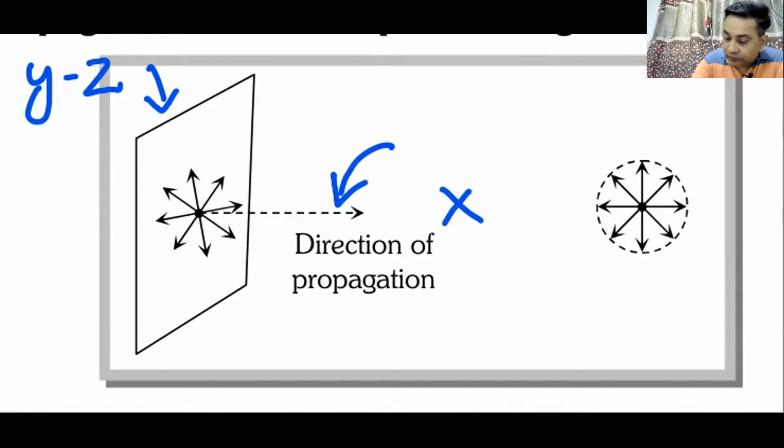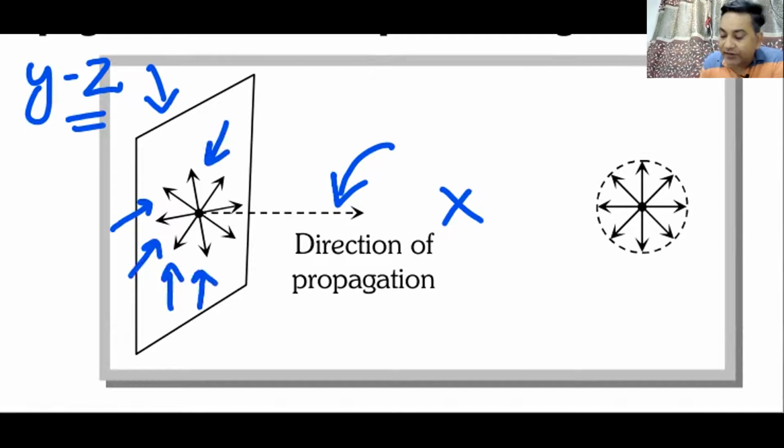So light is propagating in the x direction. Your electric field can be in the YZ plane. As you can see, there are infinite possible directions in which your electric field can be directed. This electric field can be directed in any direction which is perpendicular to the x-axis, that means any direction in the YZ plane.